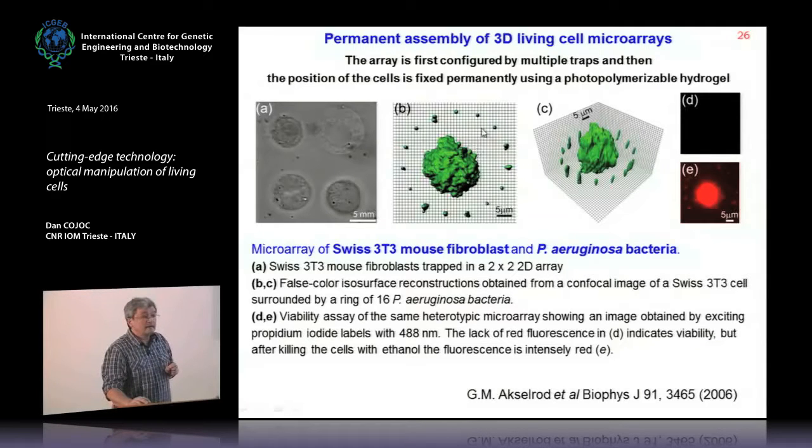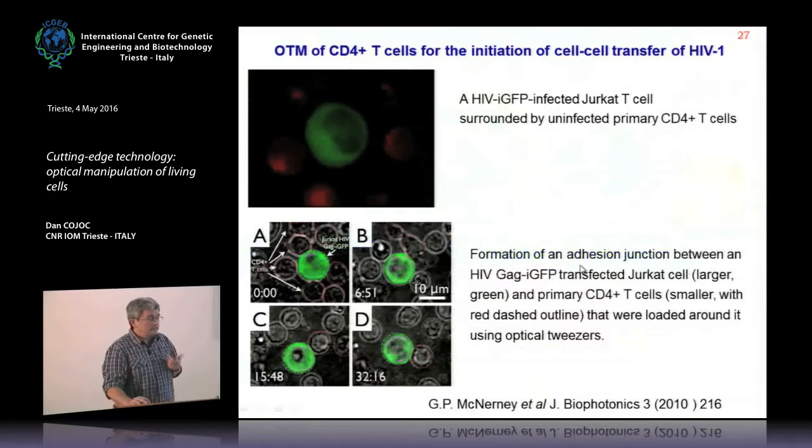Then we maintain that configuration by fixing the gel, but not killing the cell, and observe the cell after incubation, some days, 2 days of incubation, observing the cell interaction with the bacteria. This is another type of manipulation.